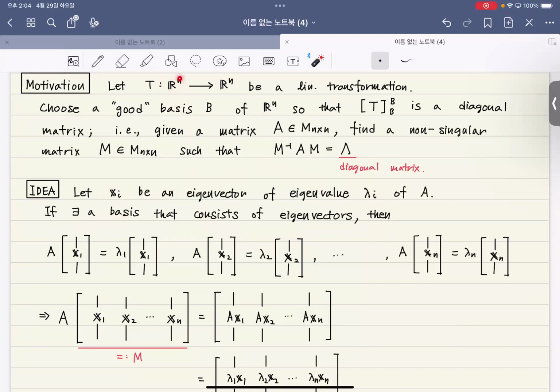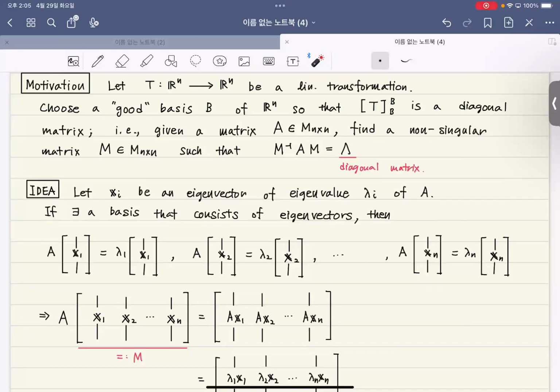This is an n-dimensional vector space, so it means I could find n linearly independent eigenvectors. So A times x1 is lambda 1 times x1, A times x2 is lambda 2 times x2, all the way to A times xn is lambda n times xn, and x1 to xn are all linearly independent. We are assuming such linear independence.